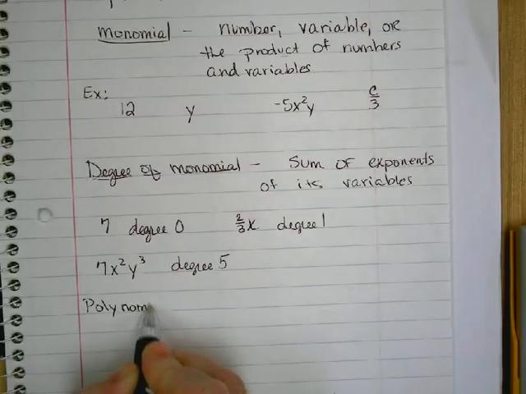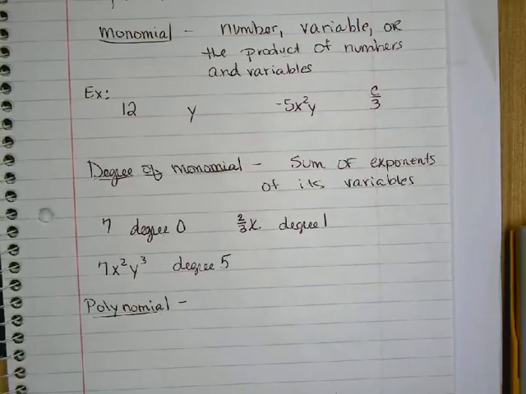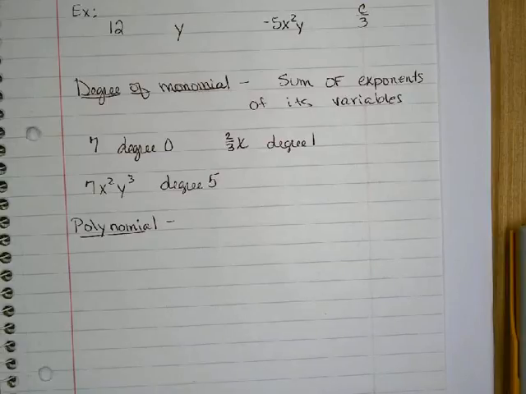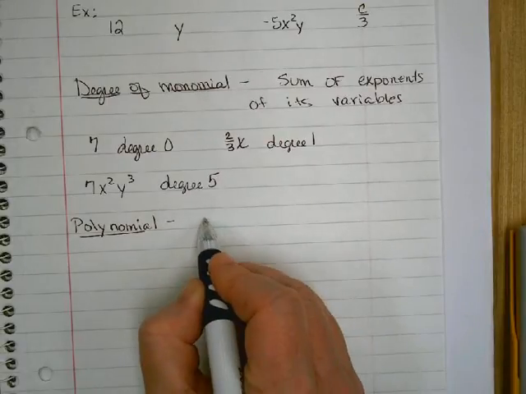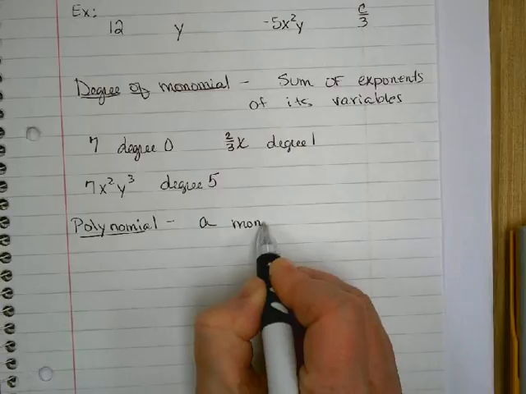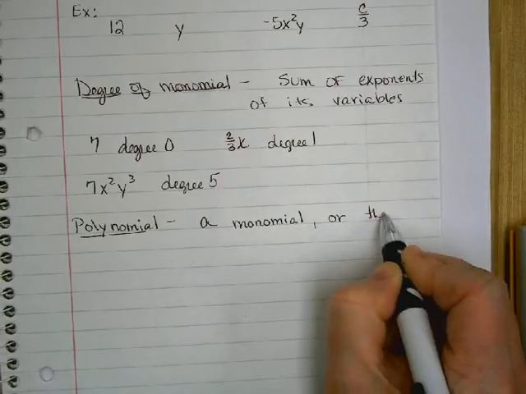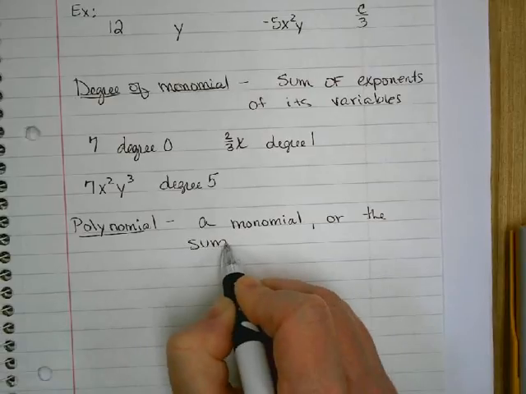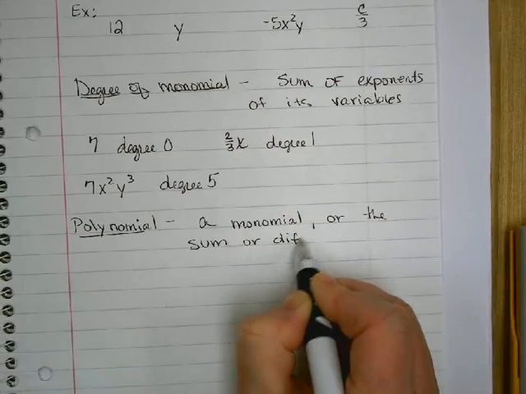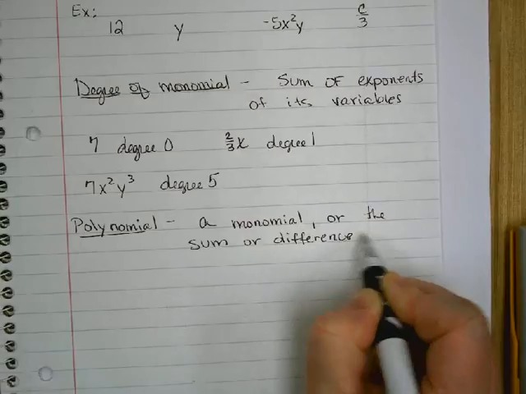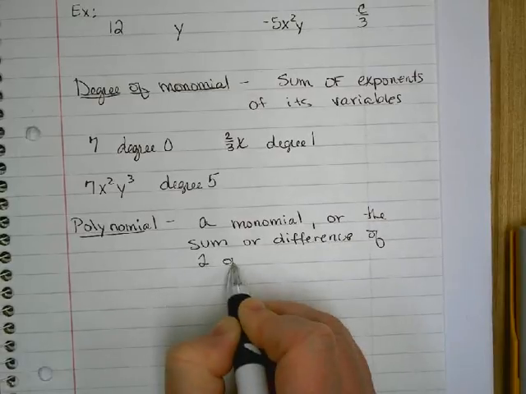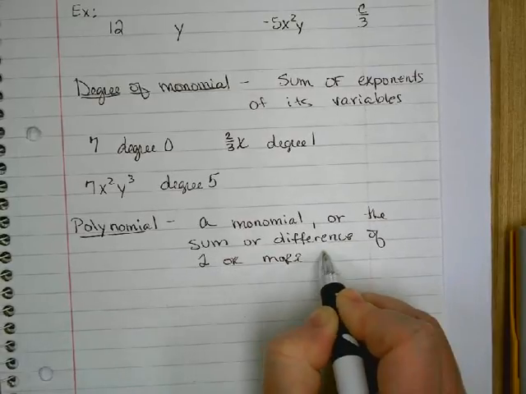Okay, next on our list is a polynomial. A polynomial is a monomial or the sum or difference of two or more monomials.